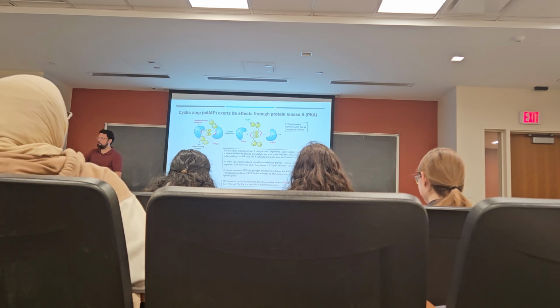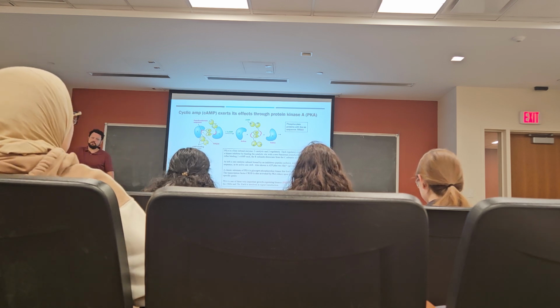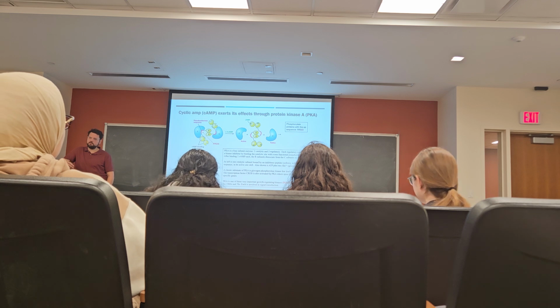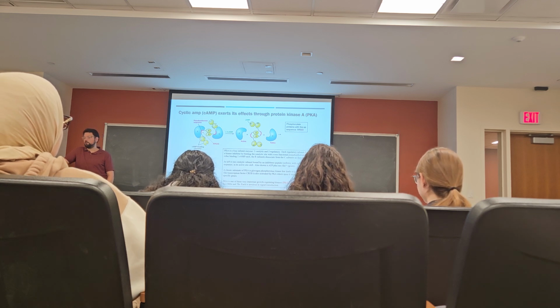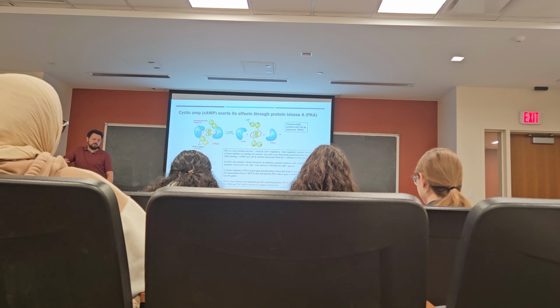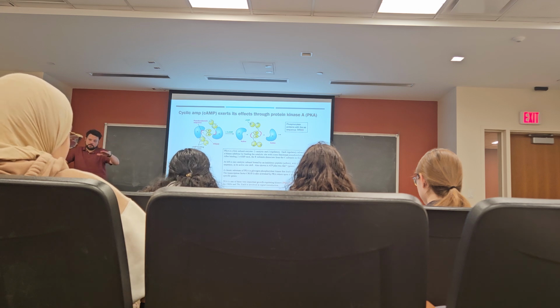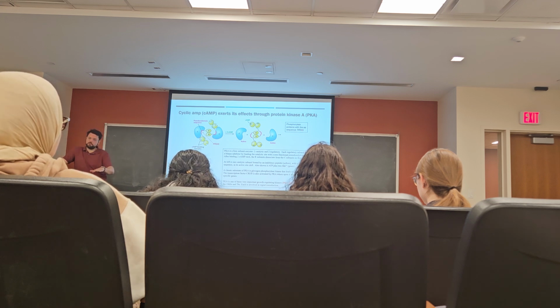Well, let's think about what epinephrine is actually signaling. It's signaling that energy is going to be needed because we're either going to need to fight or we're going to need to run away. So either way, we're going to need a lot of energy. So protein kinase A is going to phosphorylate targets, of course. It's the only thing that it can do. But in pathways where energy is produced, targets of PKA are activated by phosphorylation.